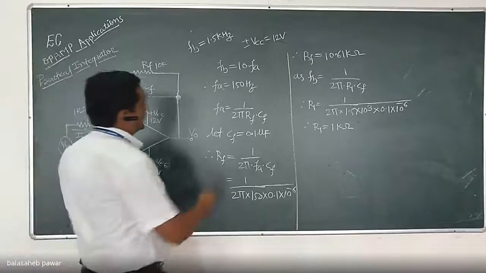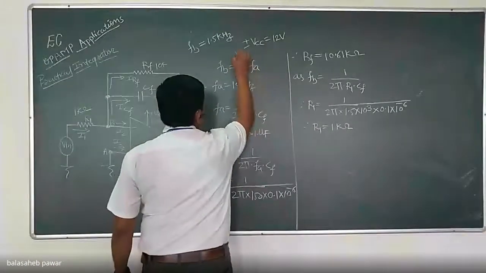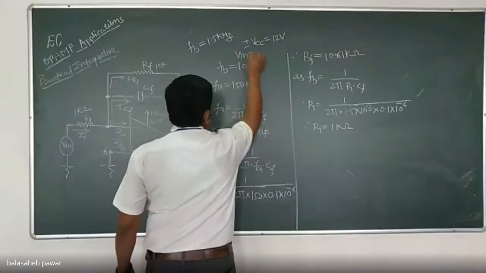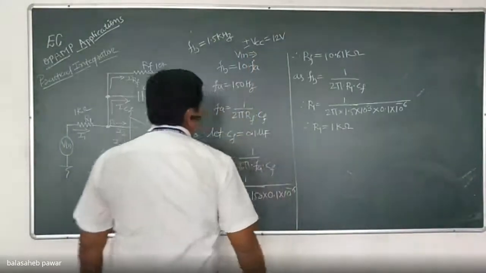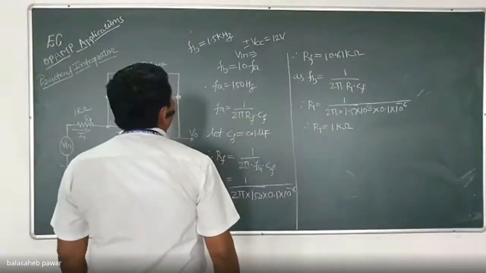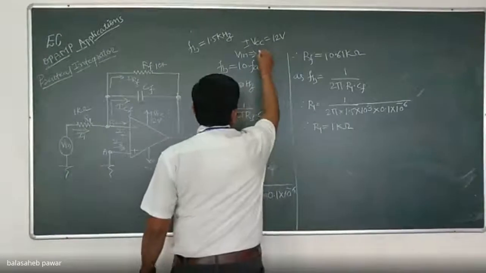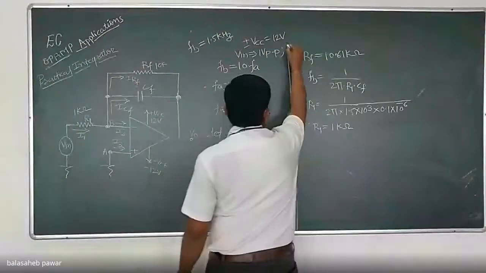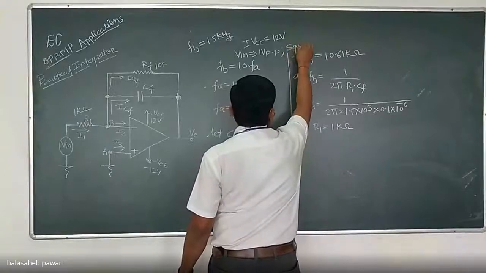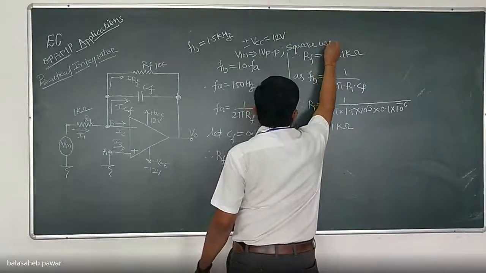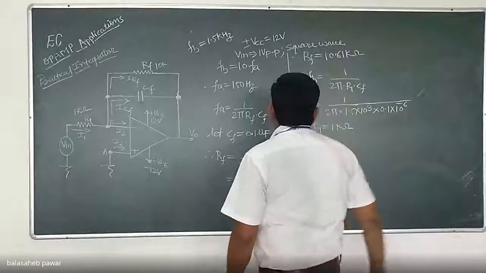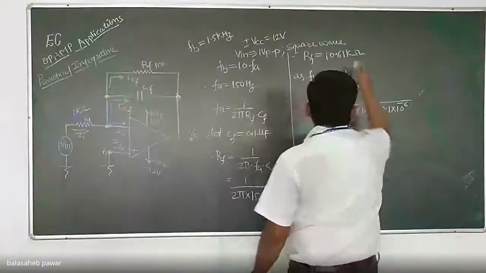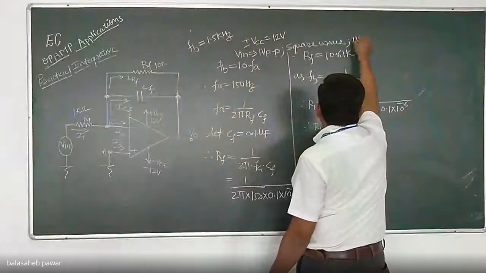Apply the input signal Vin as a 1 volt peak to peak square wave with 1 kilohertz frequency.